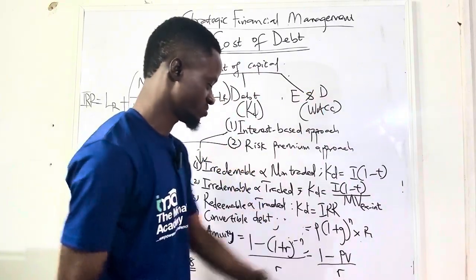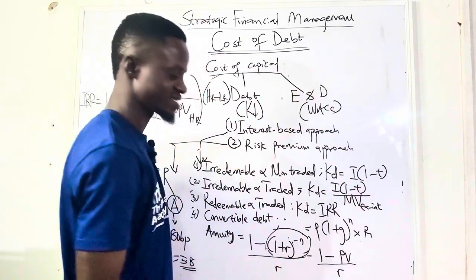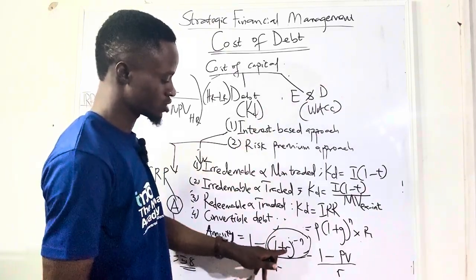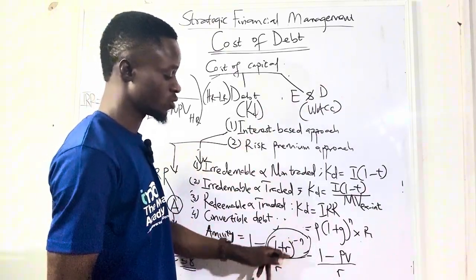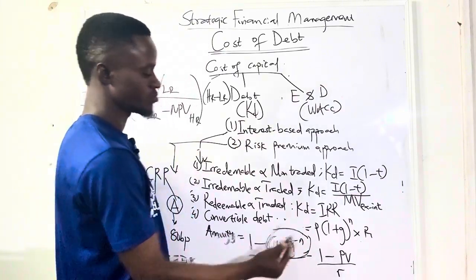The formula for calculating the present value, or discounting, it's the same thing, is the present value of future cash flows. So (1 plus r) raised to the power minus n, where n is the number of years. So this is the formula basically.